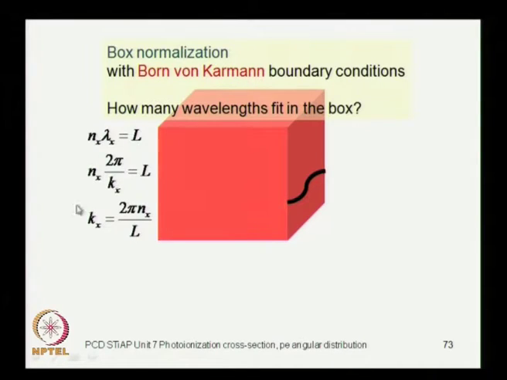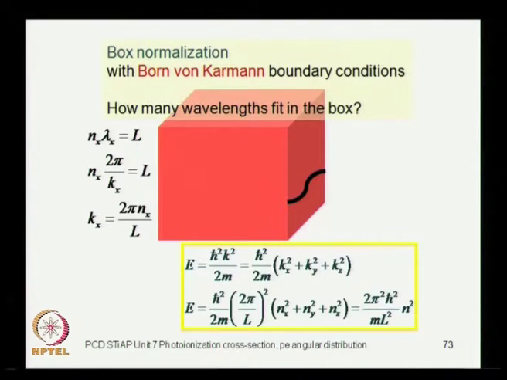So, we will do a box normalization for these states, and because of this boundary condition you have the wave number k which goes as 2 pi n over L for each dimension x, y and z. So, your energy at which this physical process is taking place goes as h cross square over 2 m times k square, where k square is kx square plus ky square plus kz square, but kx, ky and kz are now given in terms of nx, ny and nz and the size of the box.